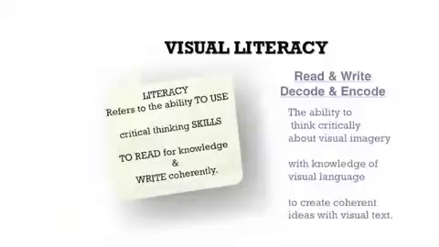So it would basically mean the ability to think critically about visual imagery with knowledge of visual language, which we will be learning today, to create coherent ideas with visual text. Okay, and visual text is just basically imagery that contains information. And not all imagery contains information, but we will look at that.